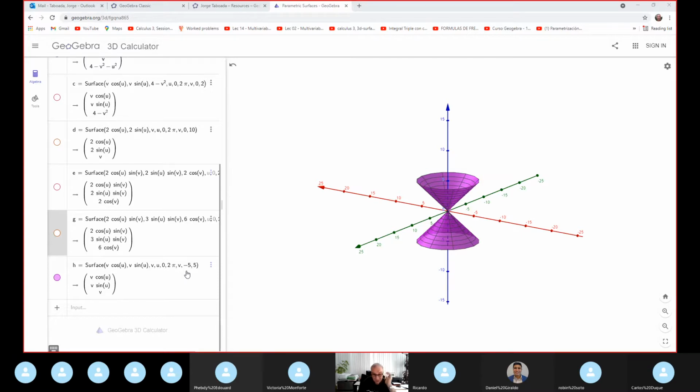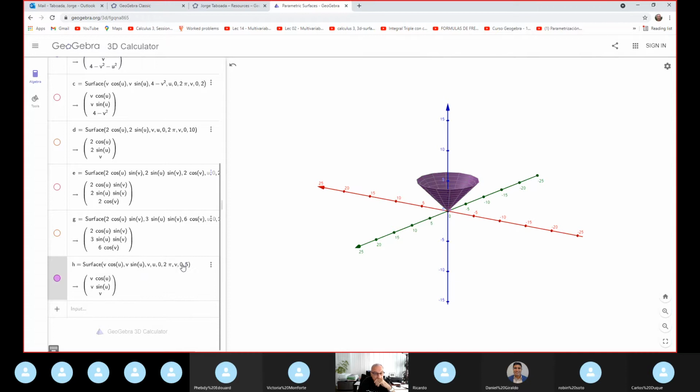In this case, I defined this, but we can do everything you need. For example, you put 0 here in the domain. It's obvious that in this case we have only the upper part of the cone.